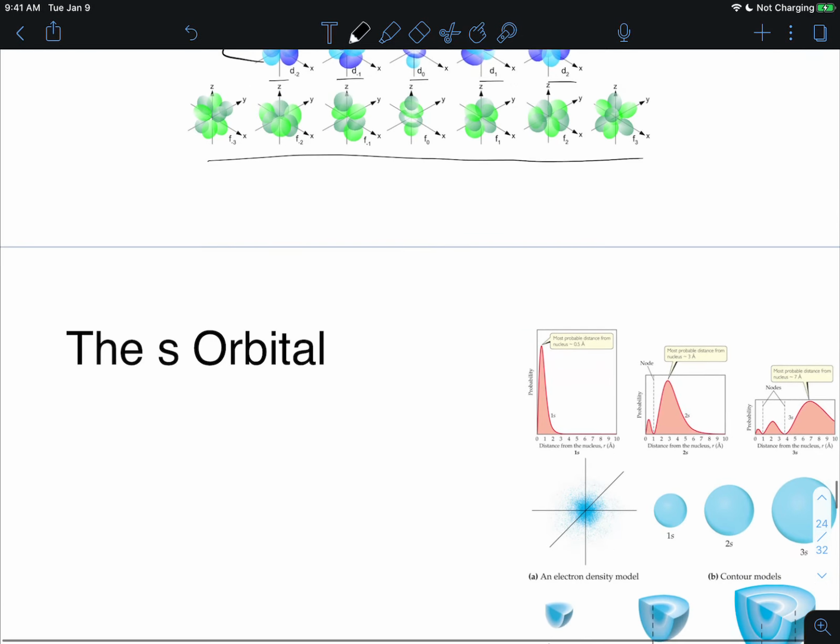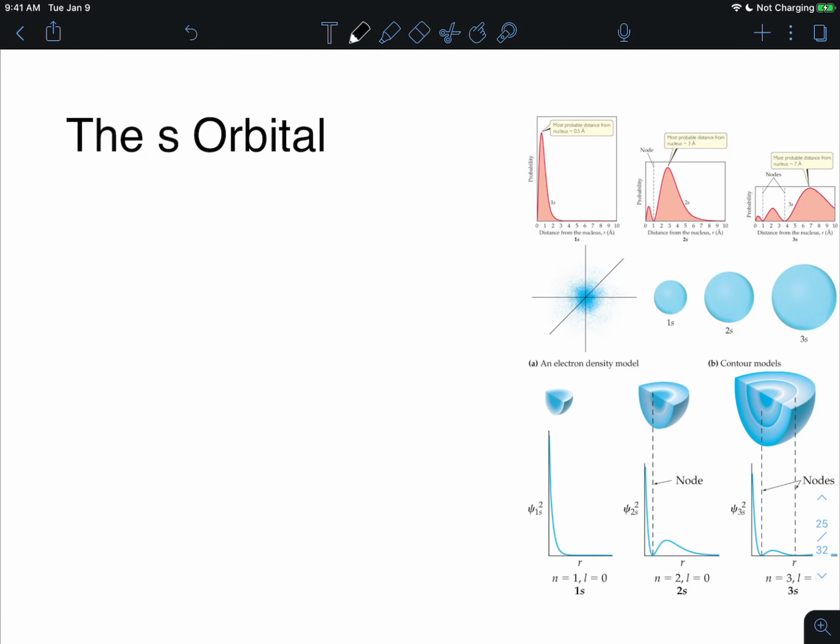Okay, let's look a little bit more at our orbitals. So we have our s orbital. For an s orbital, our L is equal to 0. It's spherical in shape. So the radius of the sphere is going to increase with increasing n value.